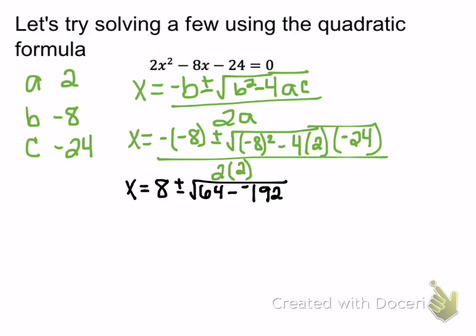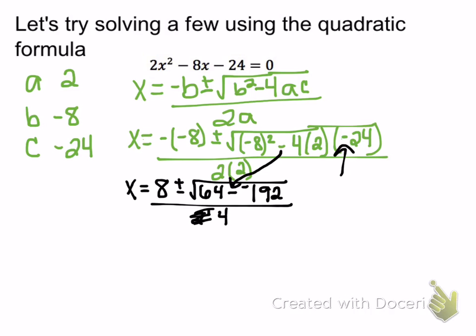So, ladies and gentlemen, I just took this minus sign and brought it down straight into my simplifying. The negative that you see with the negative 192 comes from the negative 24. All of that divided by 4. 2 times 2 is 4.